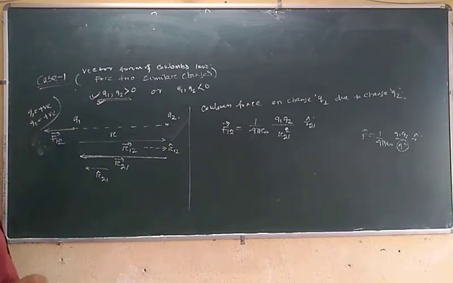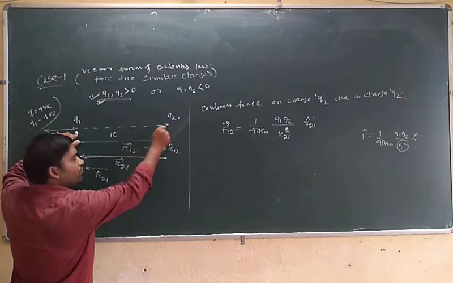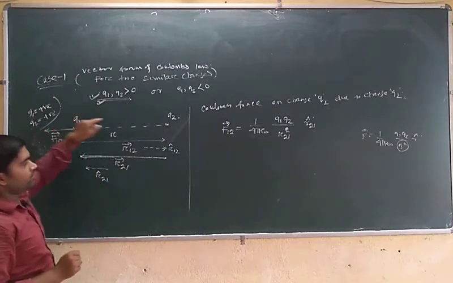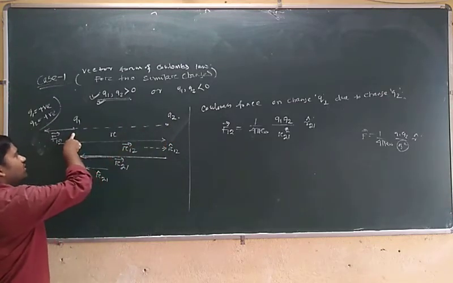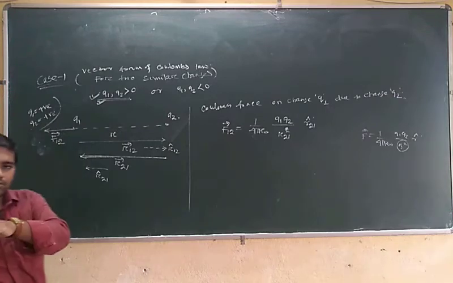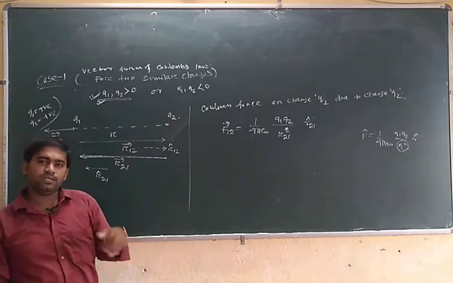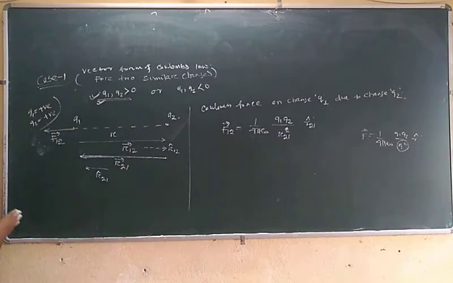Because of that repulsive force, q1 moves along the line joining the two charges, so the movement is away from q2. That's why F12 vector is directed away from q2 charge.